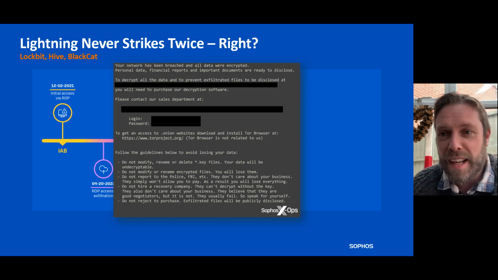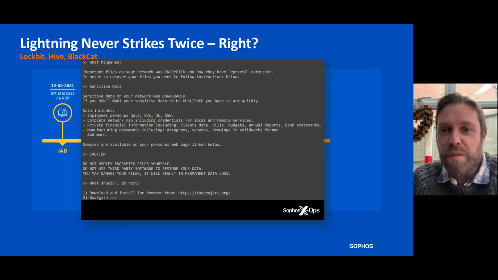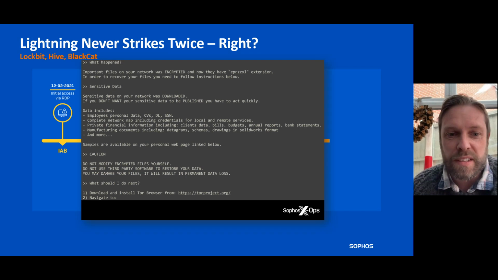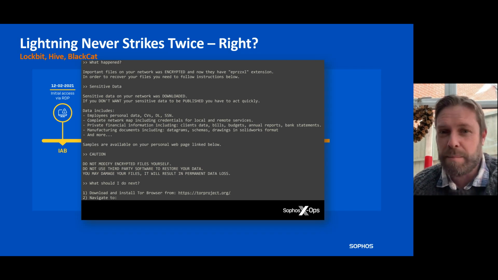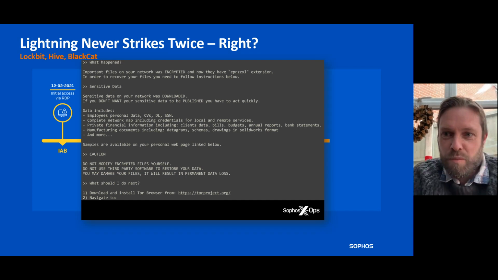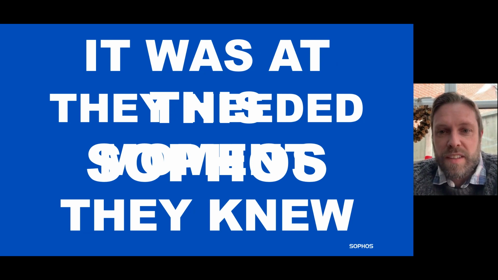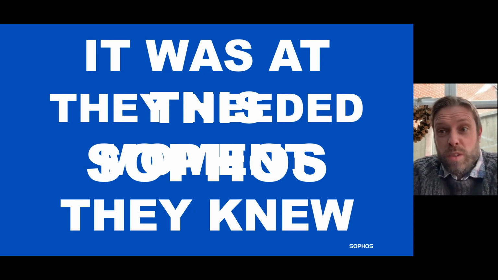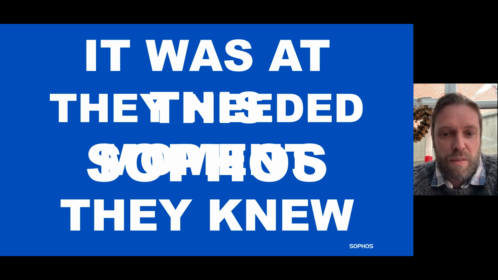And then a couple of weeks later on, Alpha came on board, a third ransomware gang. They came in and encrypted the same files, again, using exactly the same mechanism. And it's at that point that the organization realized that they probably needed some kind of additional assistance. So they called us in because this is the third, or at least they thought it was the third attack that they'd had, a ransomware in a very short space of time.